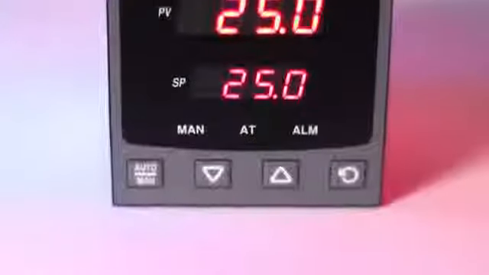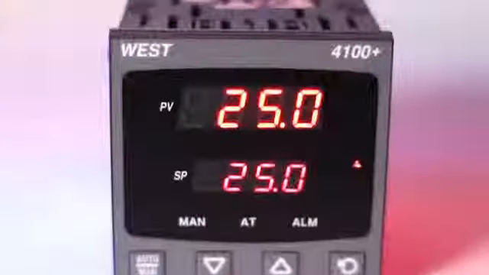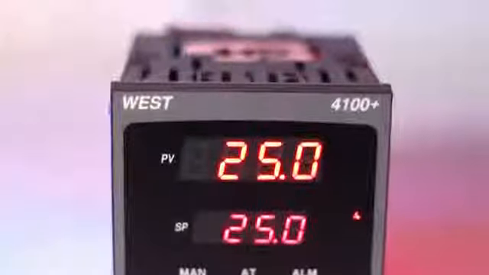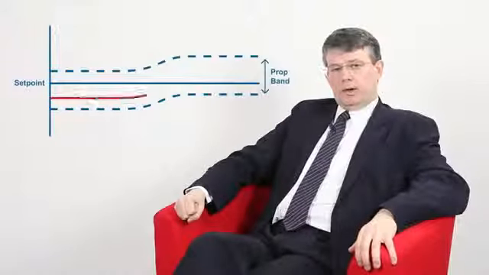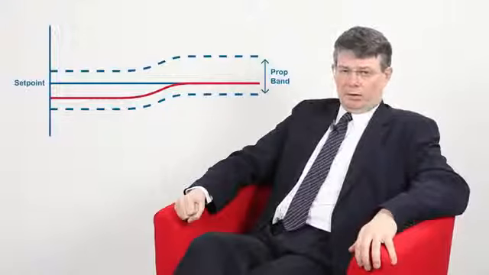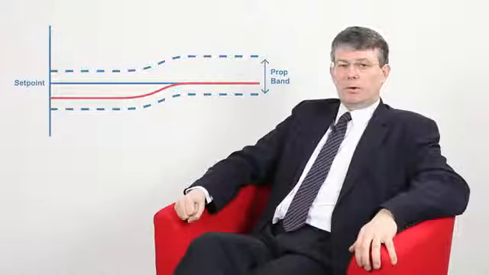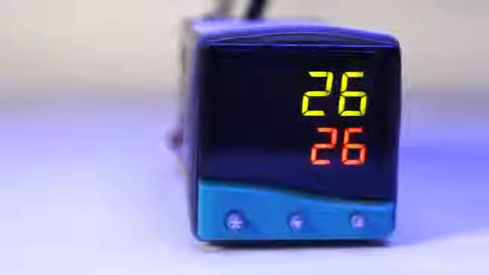Integral action is combined with proportional control to create a PI controller. The controller measures the control deviation and tries to integrate this error out over time. Faced with a negative control deviation error, the integral action would bias the proportional band further upwards, increasing the power provided to the controller, bringing the process back towards control. At each subsequent run of the algorithm, further integral action will be added until the error has been eliminated.